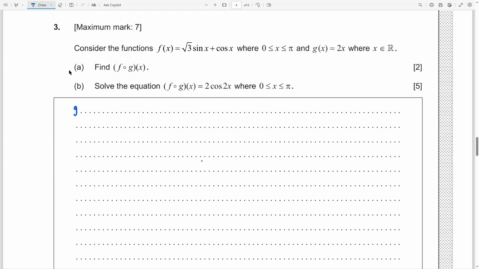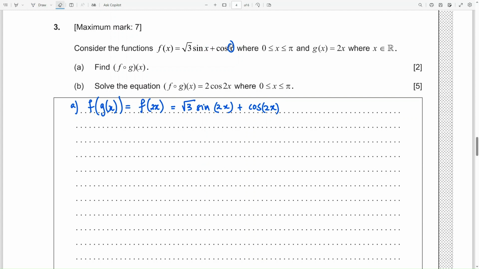So we're being asked to find f of g of x, which means we need to put g of x in the place of x in the function f. So anywhere you see x, you need to put 2x. So now it would say square root 3 sine 2x plus cos 2x. And that's it. We can just stop there.